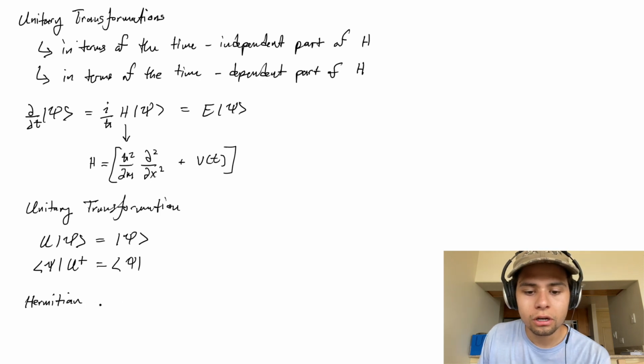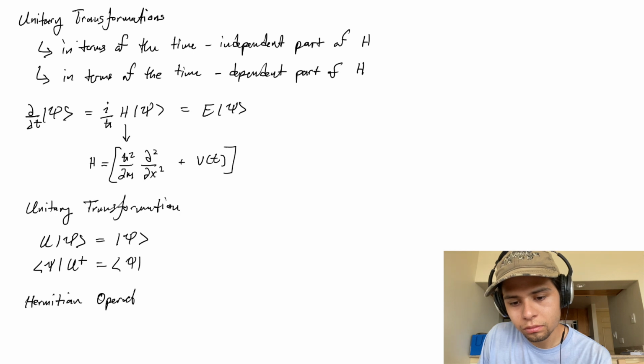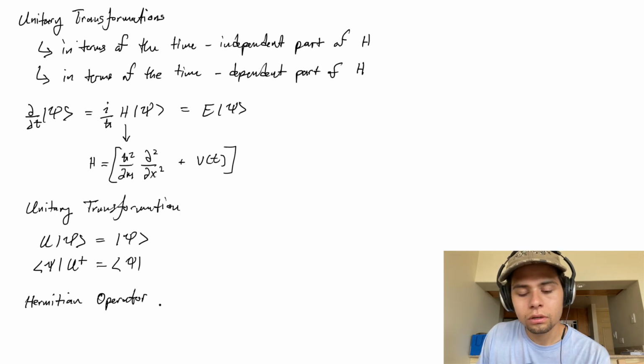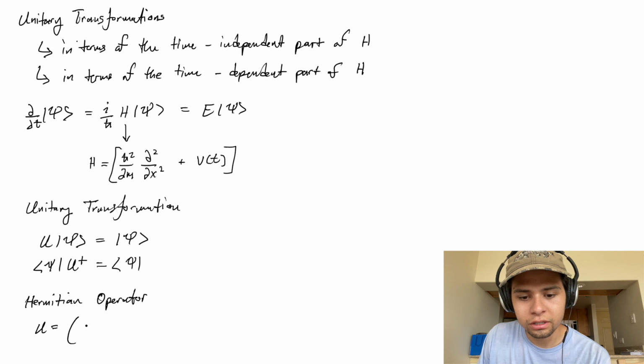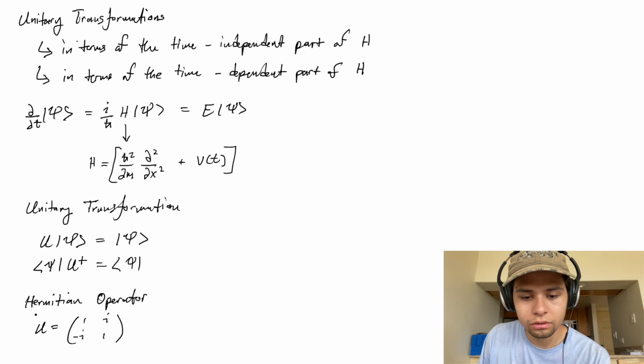A Hermitian operator is one in which we have, say, U looks like this. It's a matrix, a complex matrix, and say, for example, U looks like this. So this is an example.